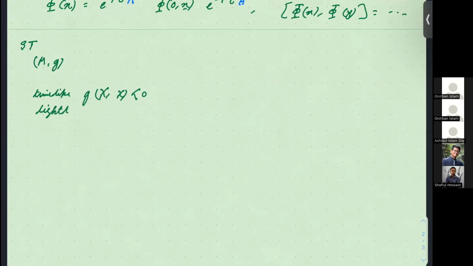If it is 0, then it's called light-like. And if it is positive or the vector itself is 0, then it's called space-like. Now these are called causal character, and these are very fundamental characteristics of a Lorentzian manifold, which is never present in a Riemannian setting.